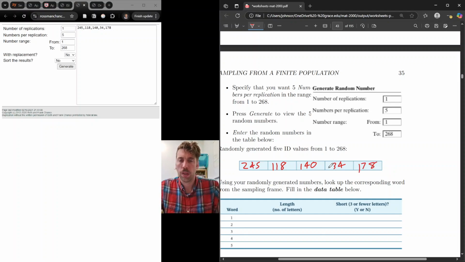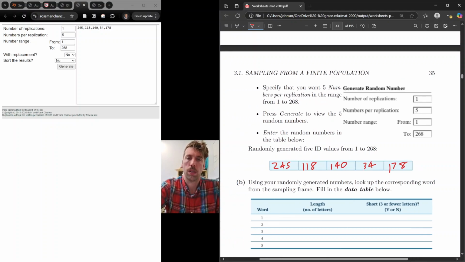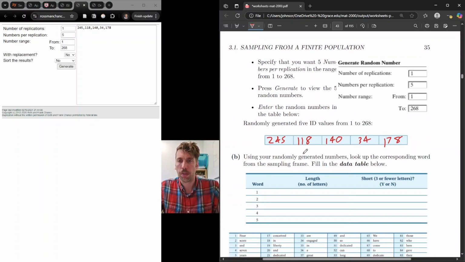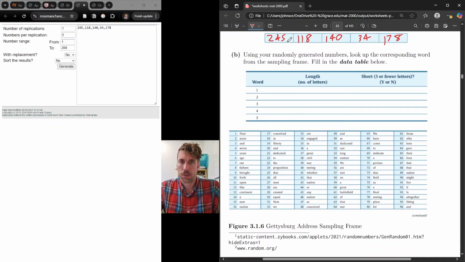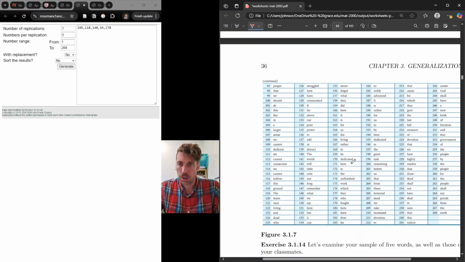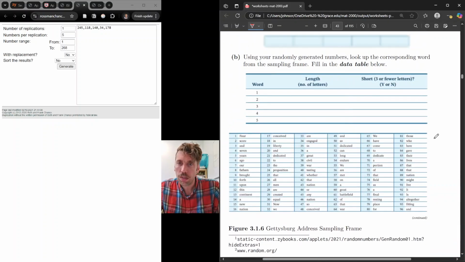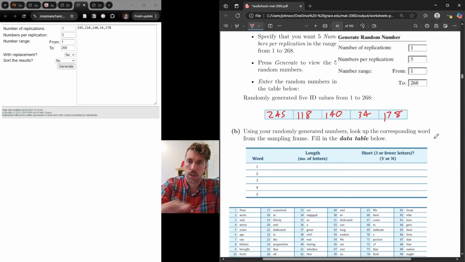Okay, so then using your randomly generated numbers, look up the corresponding word from the sampling frame. So 245, you'd go down to 245, and that's the word "have." It has 4 letters, so it's not short.